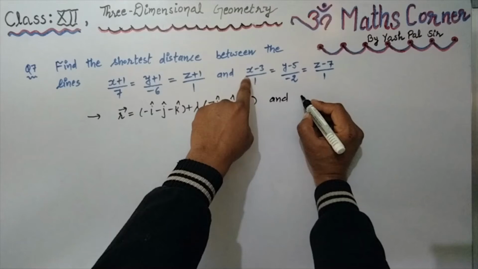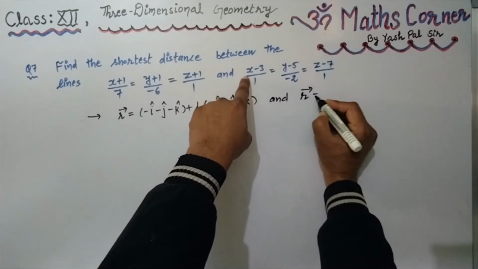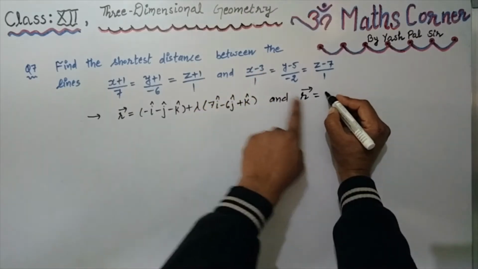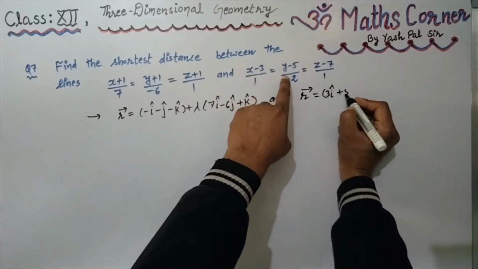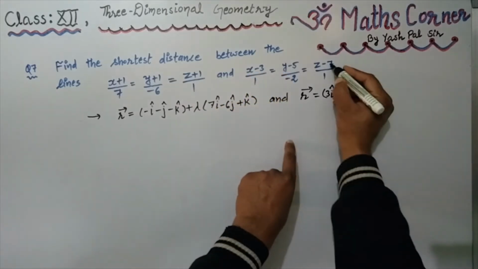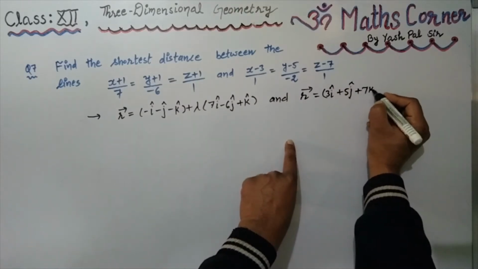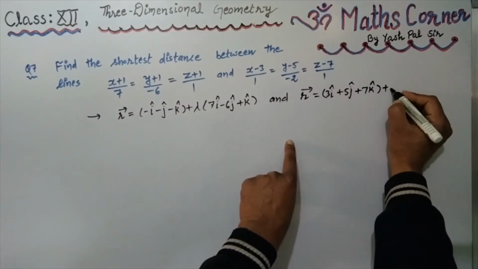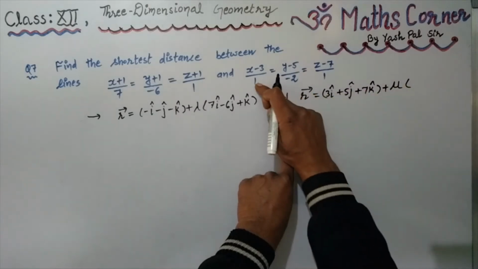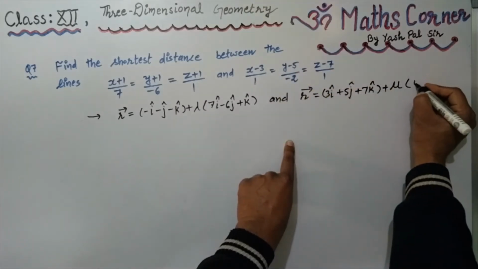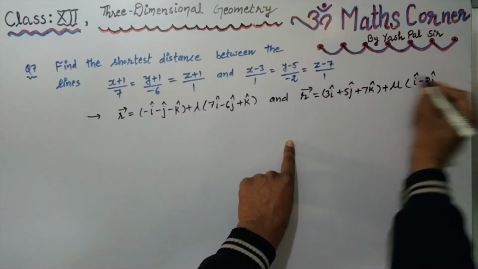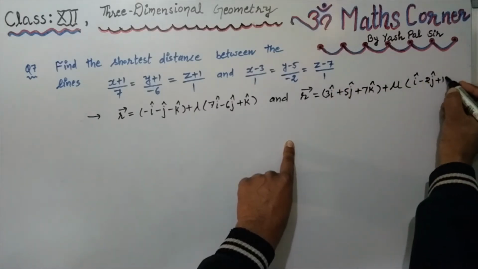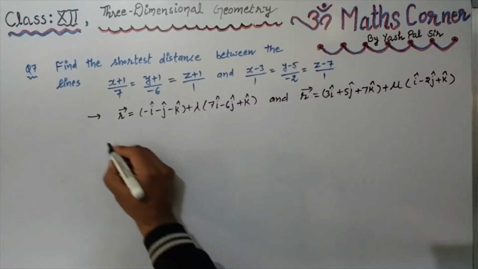And the second line we have vector r is equal to a2. a2 means 3i plus 5j plus 7k, plus mu into vector b2, 1i minus 2j plus 1k.